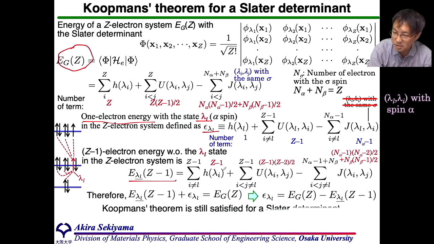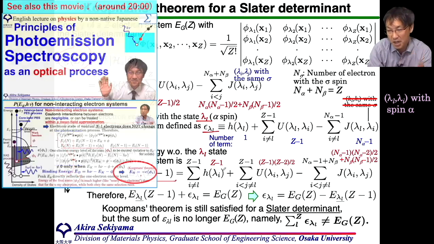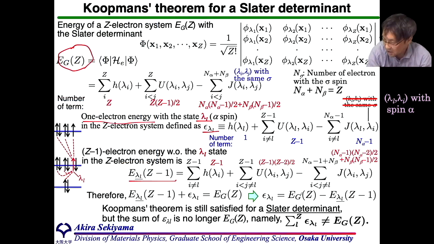In the Koopmans theorem, which was introduced in the last lecture, I assumed that the electron-electron interactions are switched off, but this is equivalent to the Koopmans theorem because this is the electron total energy and this is the residual Z-1 electron energy, and this is defined as the one-electron energy level to be excited. So that was the Koopmans theorem. Therefore, this consideration is equivalent to the Koopmans theorem.